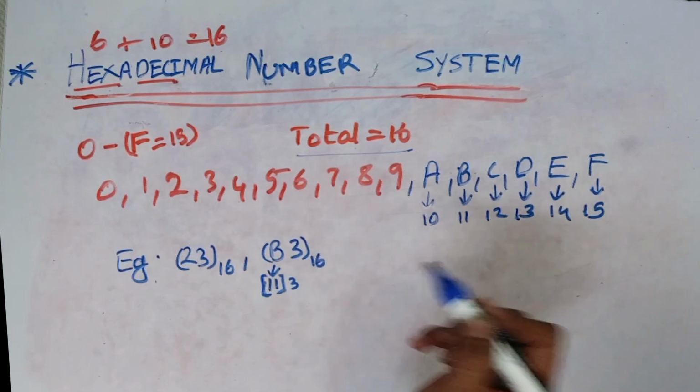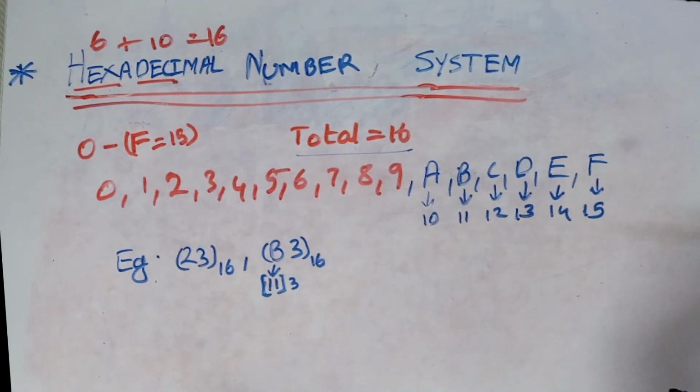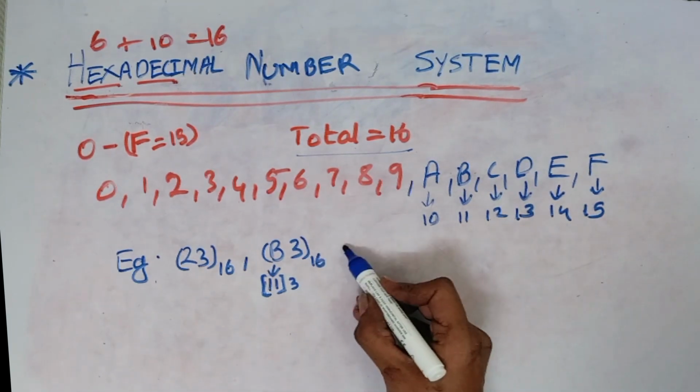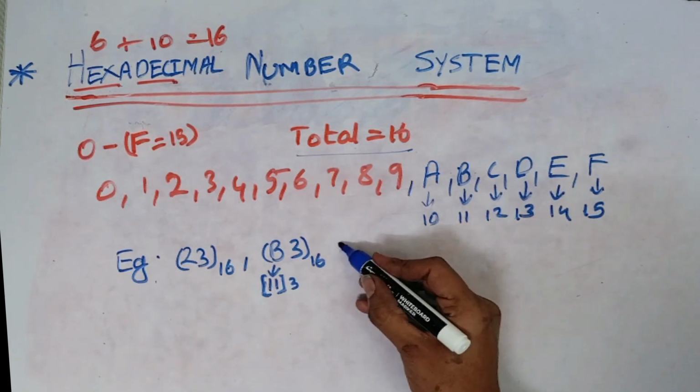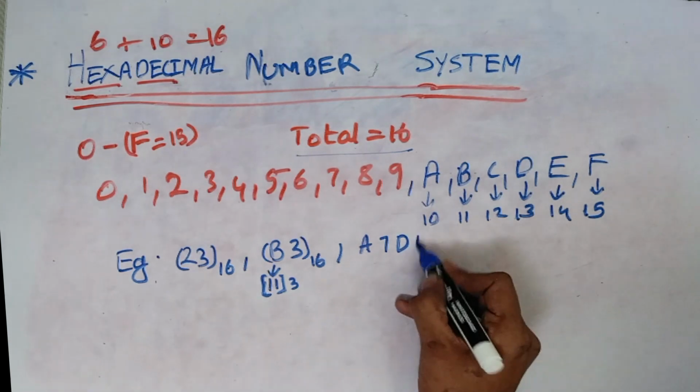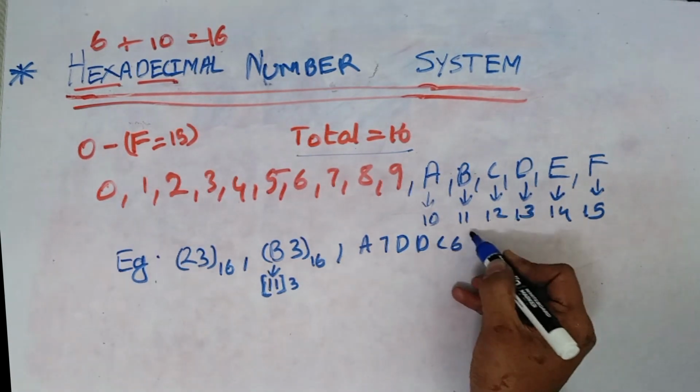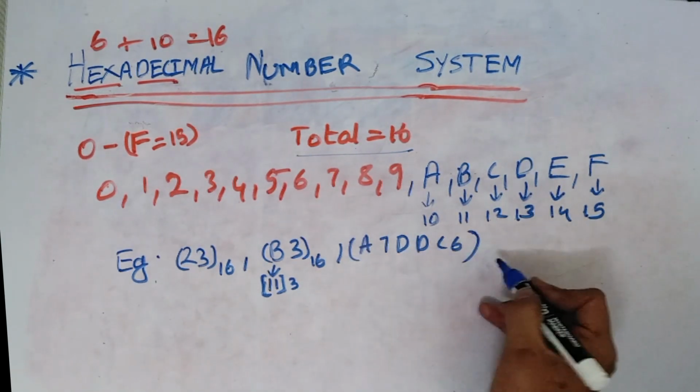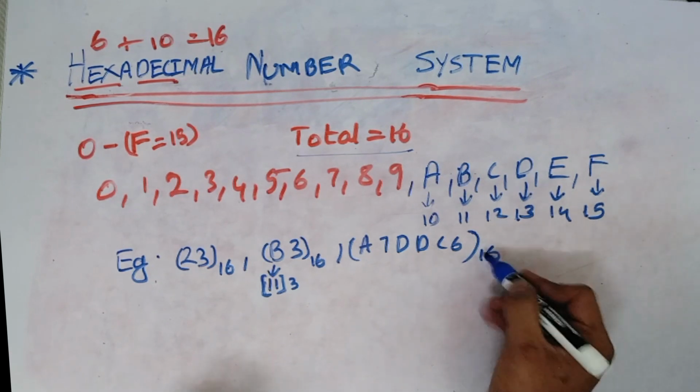A hexadecimal number can be as long as you wish, like A7DC6. This is also a hexadecimal number.